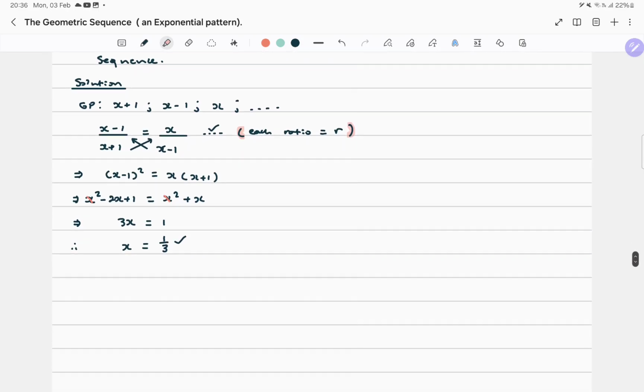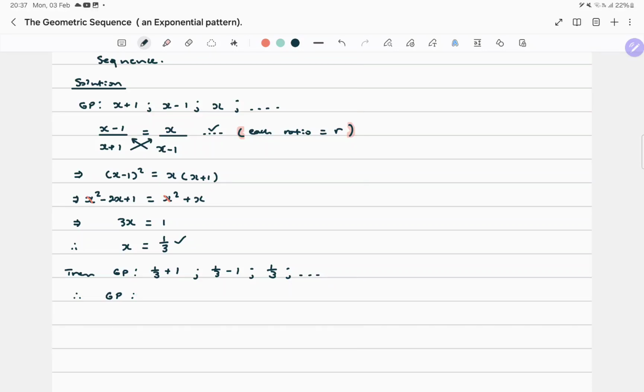So what we want now, we can say therefore, we can say then the geometric progression is going to be a third plus 1, a third minus 1, a third. Okay, and then it keeps on going.